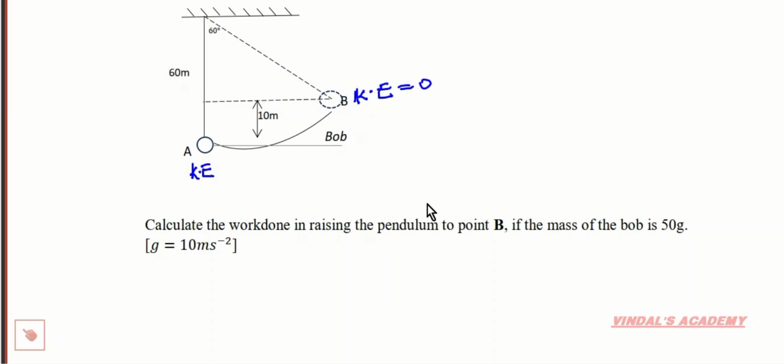So according to the law of conservation of mechanical energy, the energy is going to be kinetic energy plus potential energy at any point. At point B, kinetic energy is 0, so the total mechanical energy at point B is going to be given as mgh.